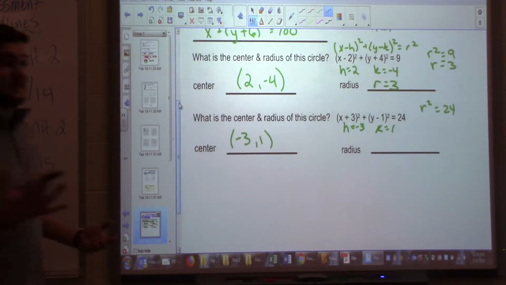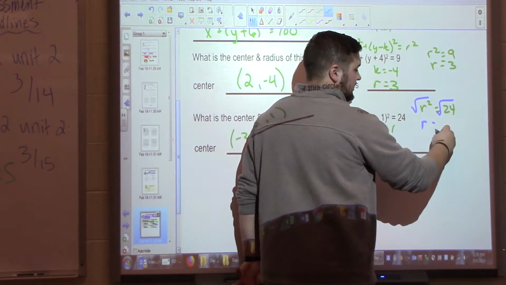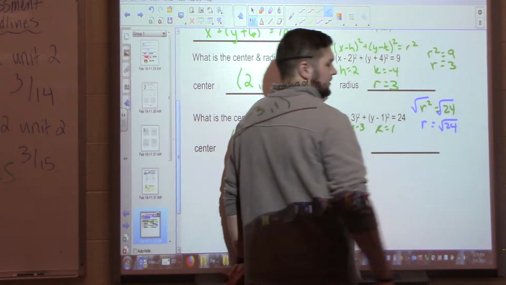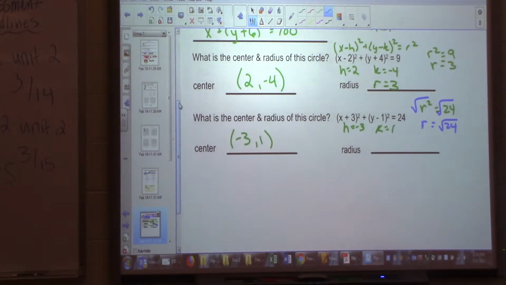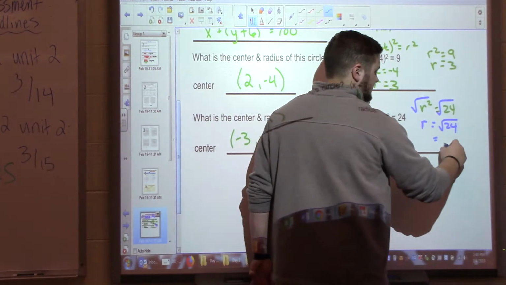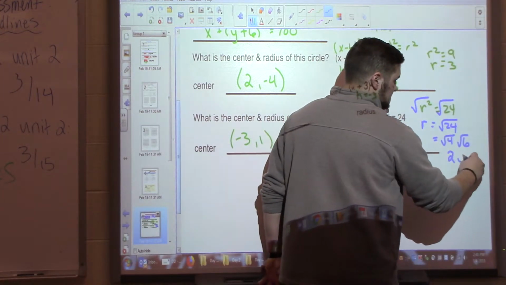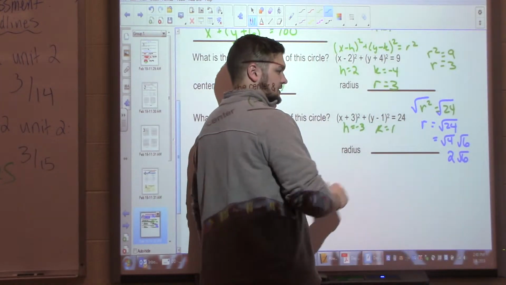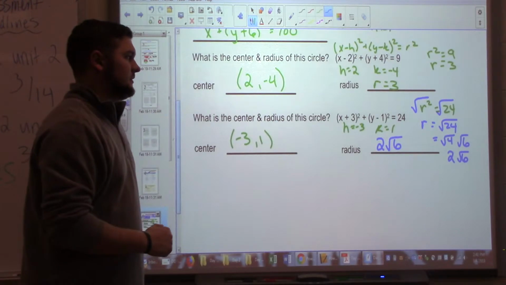Take the square root. R equals square root of 24. But we don't want to approximate that. So, biggest perfect square that goes into 24? 4. So it becomes square root of 4 times square root of 6, which is 2 square root of 6. That's my radius.